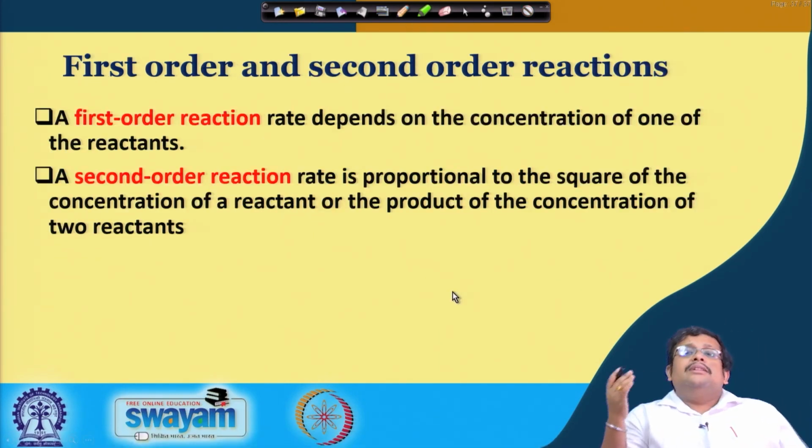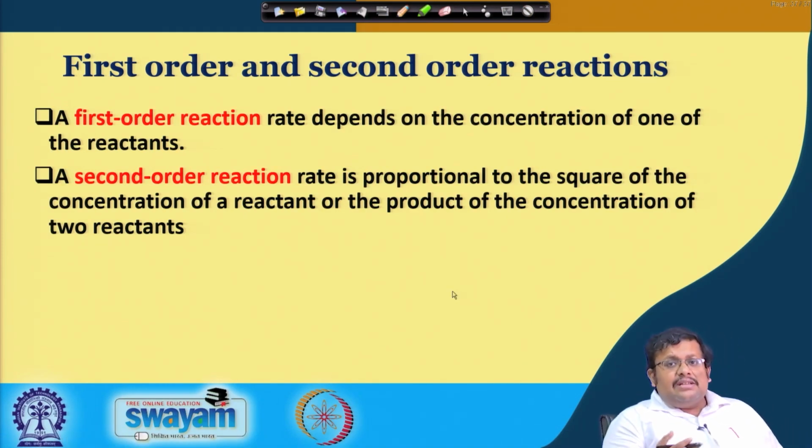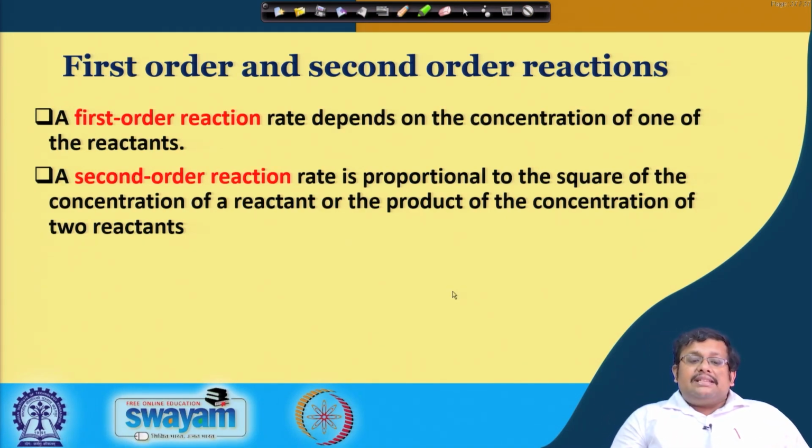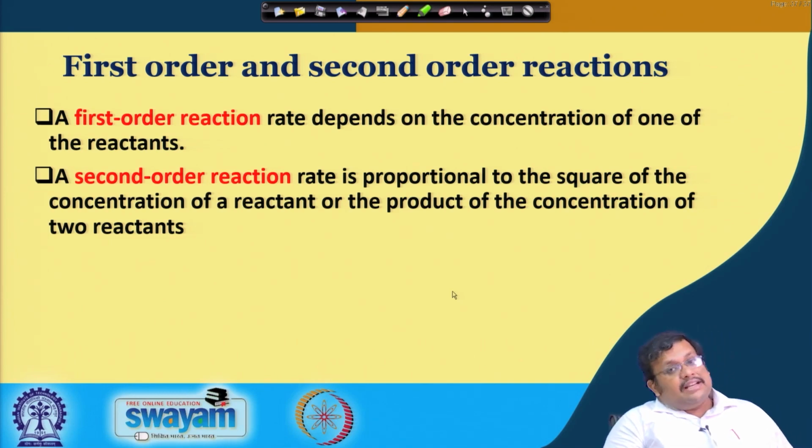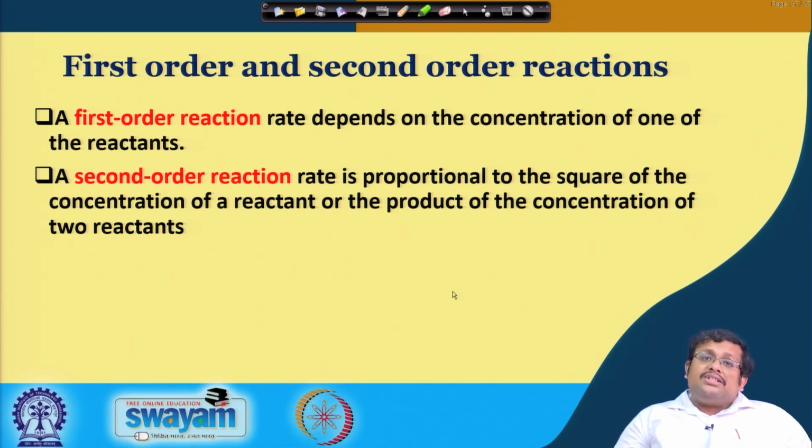Now, before discussing the next phase in detail about the rate laws, we need to understand the difference between first order and second order reactions. So, a first order reaction rate depends on the concentration of one of the reactants. So, the rate of reaction here basically depends on the concentration of one of the reactants.